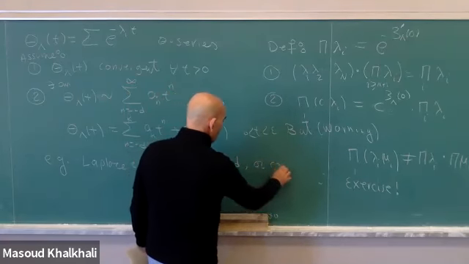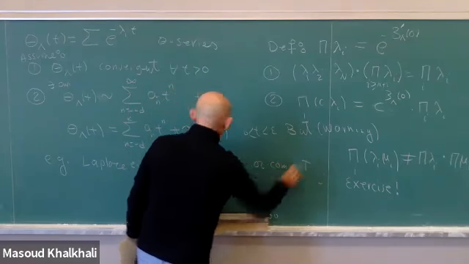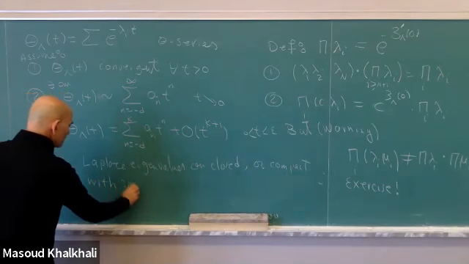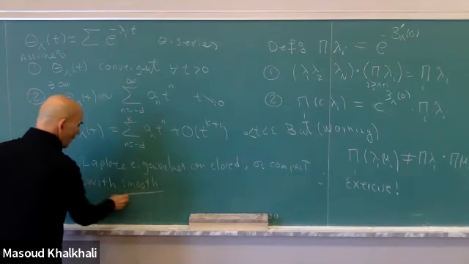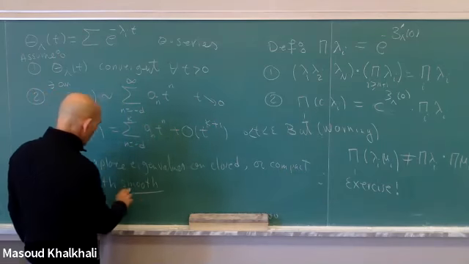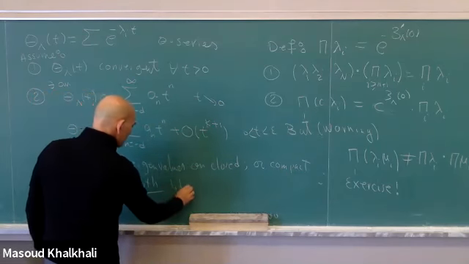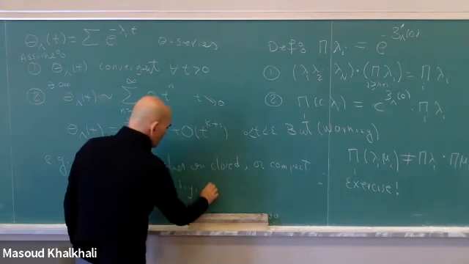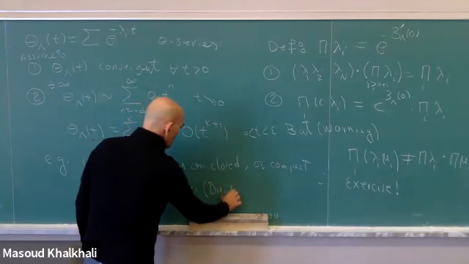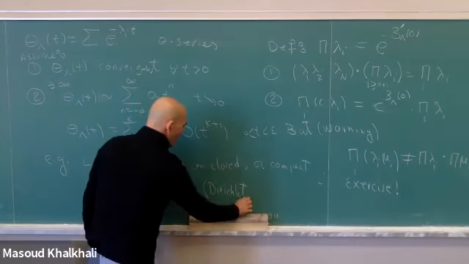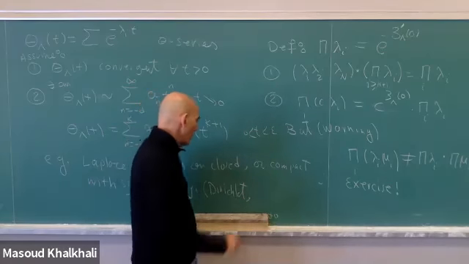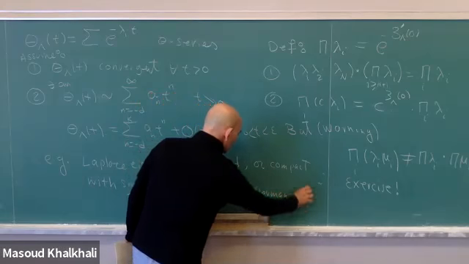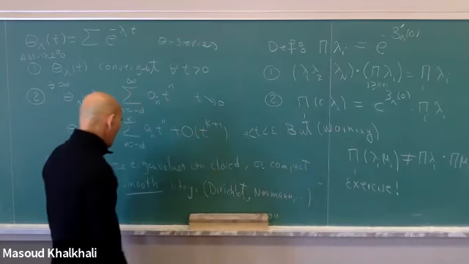I mean, everything here is smooth, but there is a smooth boundary. The Laplacian, either with Dirichlet boundary condition or Neumann or several classes of boundary conditions, are okay for this.